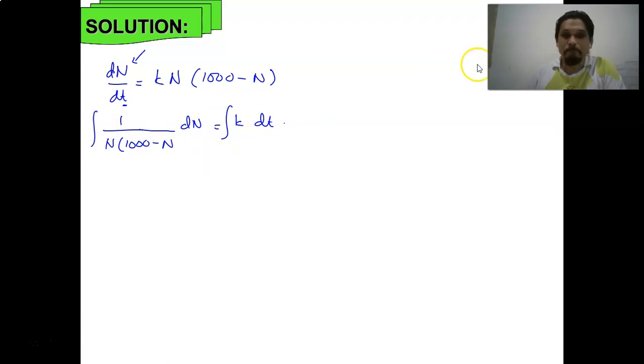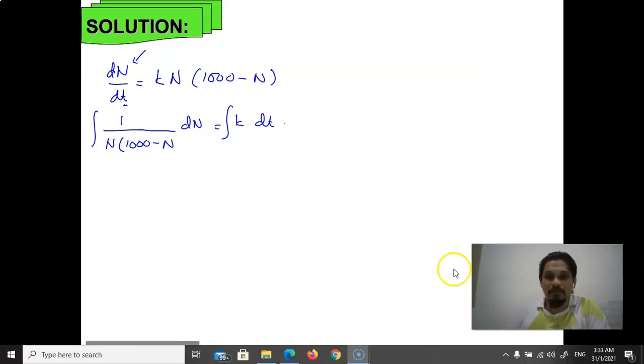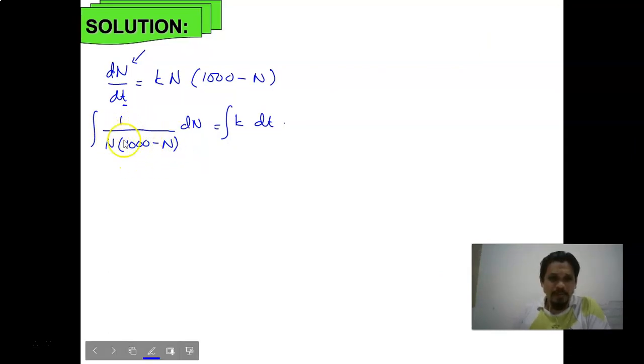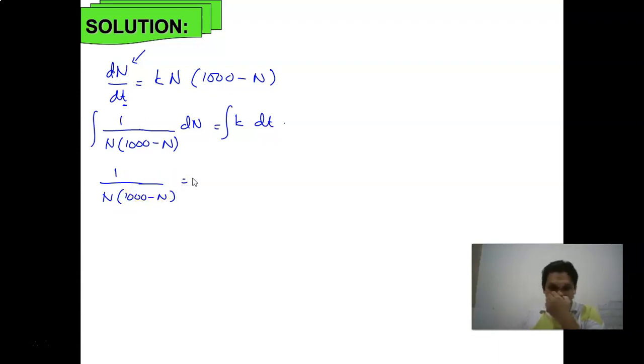But before that, class, for this one here we need to do some extra work. For 1 divided by n(1000 minus n), we need to write this in the form of partial fractions.